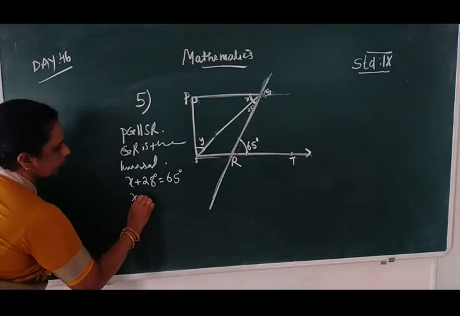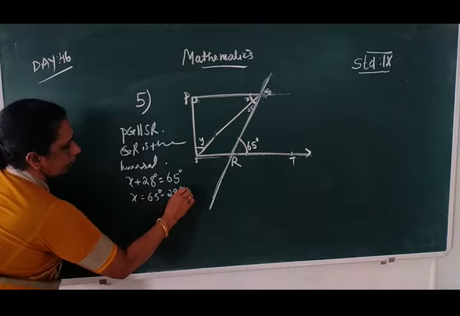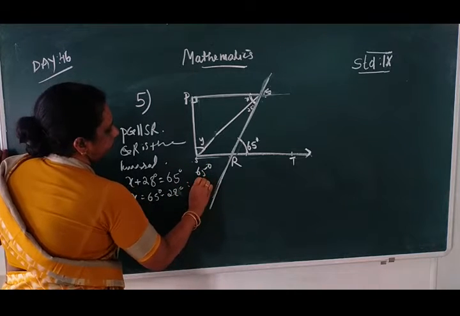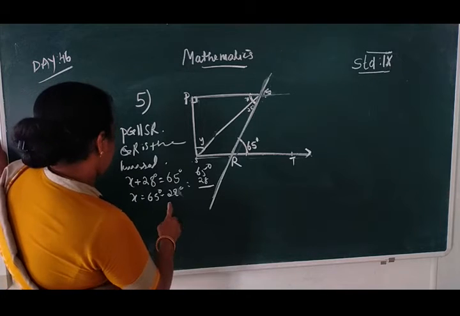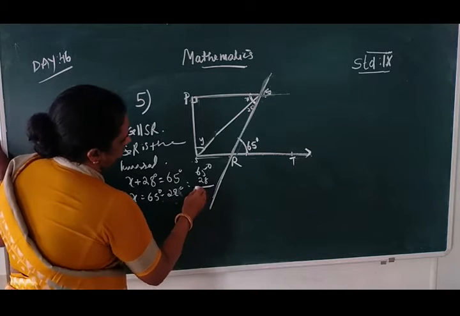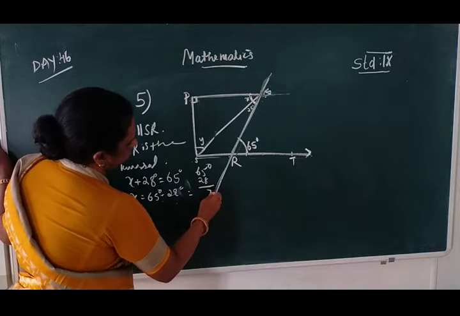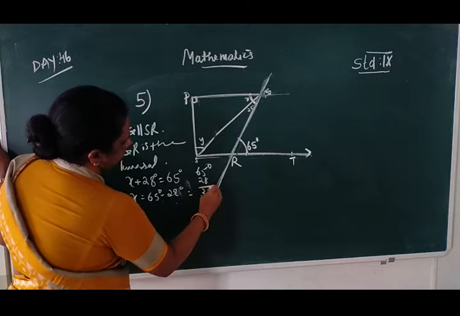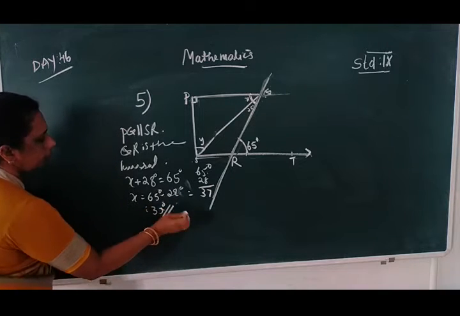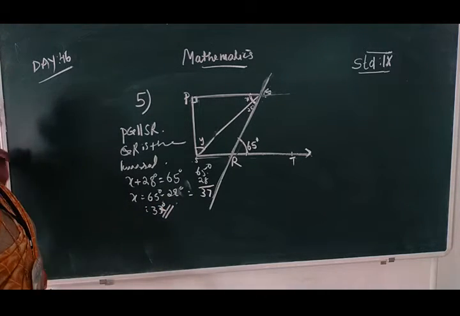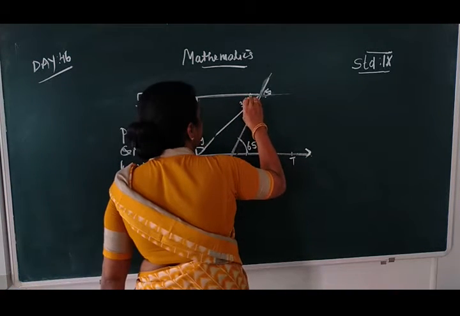Therefore, X is equal to 65 degrees minus 28 degrees. 65 minus 28, we get 37. Then this angle is 37 degrees.